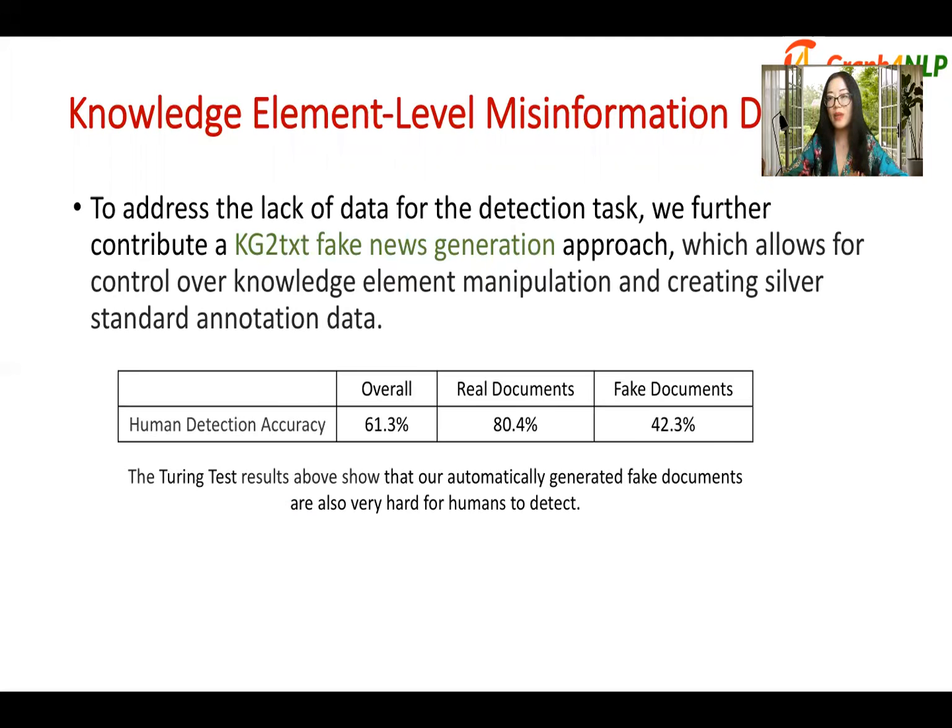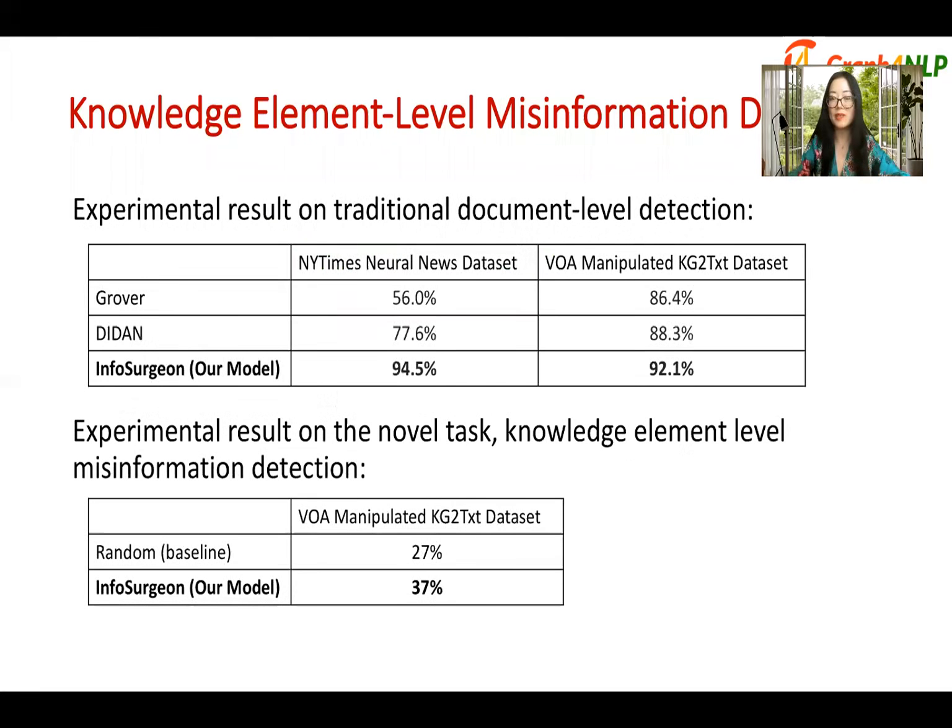They were only able to detect 42% of the cases. So that means our automatically generated fake documents include some facts that are very difficult to detect even by humans. We compared our methods with several SOTA methods that did not use graph structures.